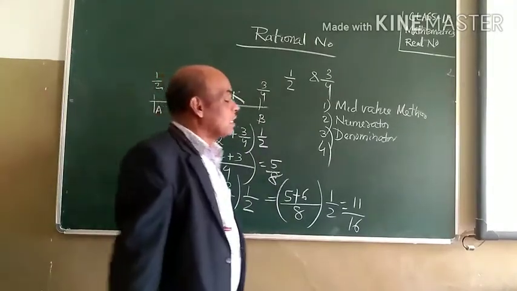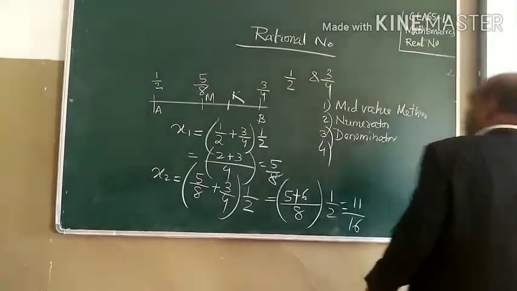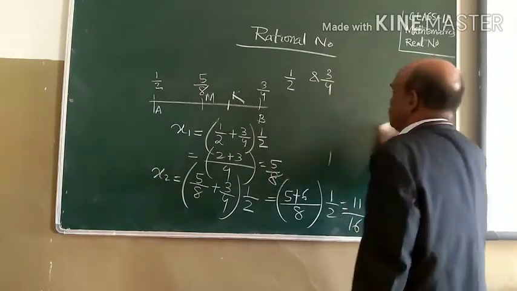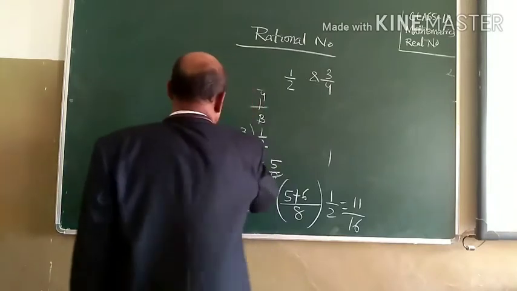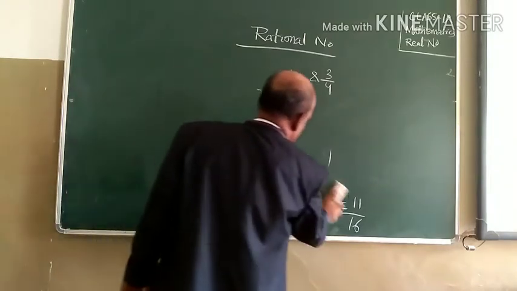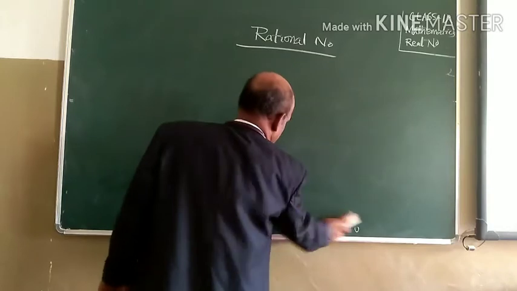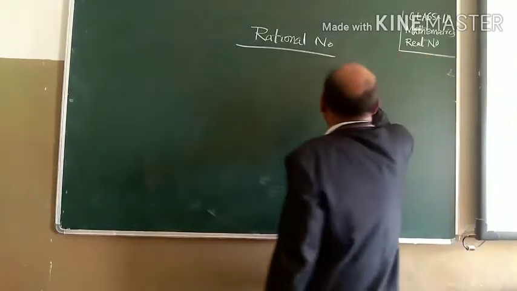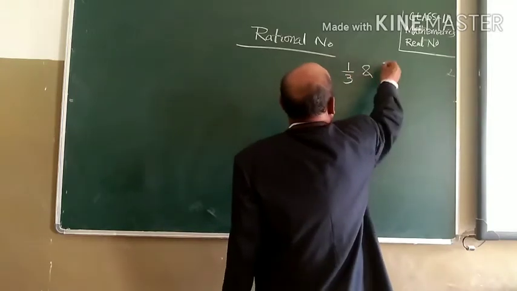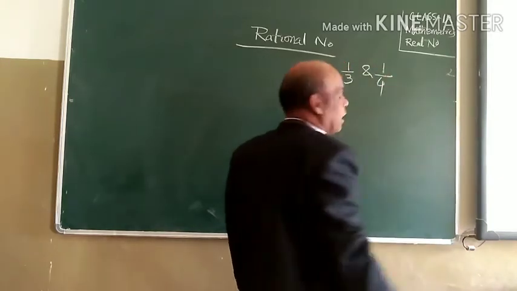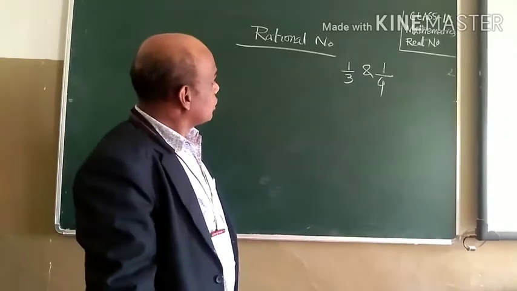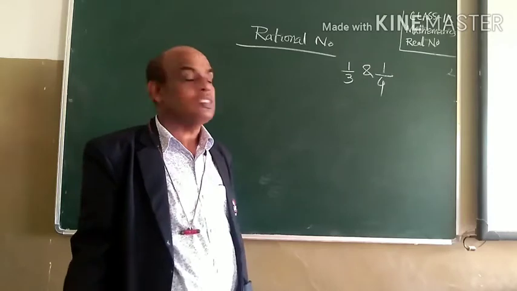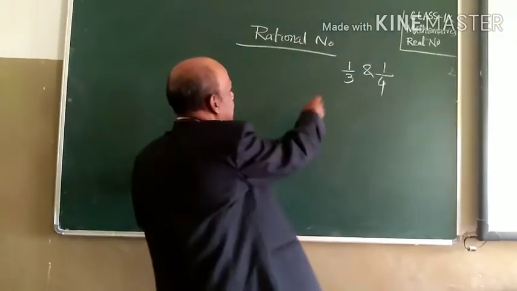Another example, now I will do. I wrote two rational numbers, 1 by 3 and 1 by 4. My question is, insert three rational numbers in between the two.